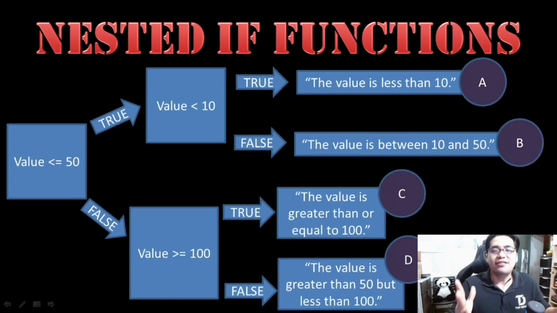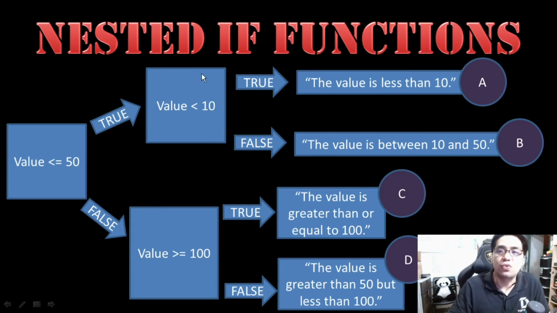Now, let's try that out with this diagram that you can see on the screen right now. You have here 3 functions, 3 logical tests, which will evaluate into 4 different outcomes. So we start over here. If the given value is less than or equal to 50 and that is true, then we evaluate if it is less than 10.